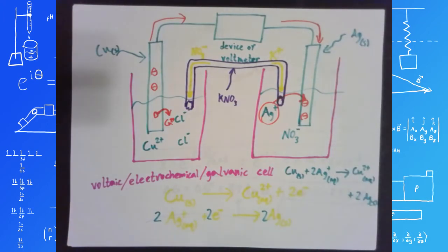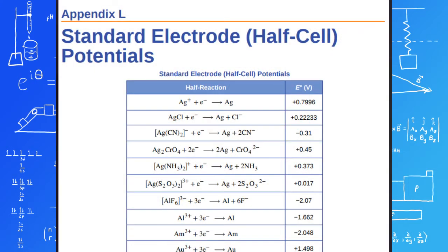So in order to calculate how much electricity you're generating, what we use is a set of standard cell potentials. We calculate a standard cell potential. And here's a table that has some of these standard cell potentials.